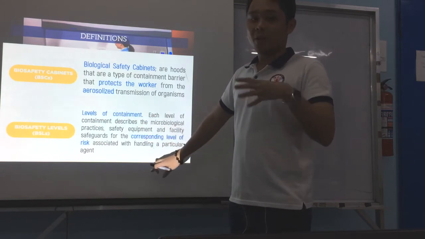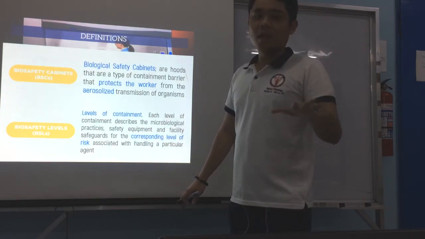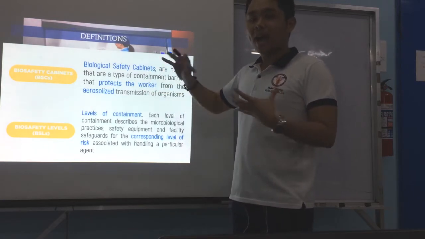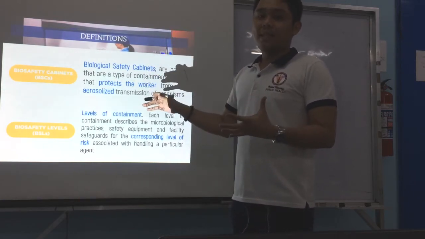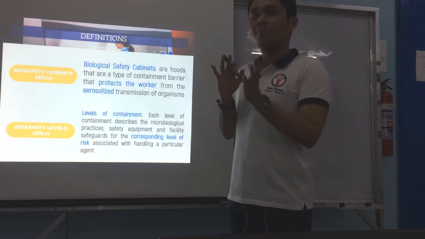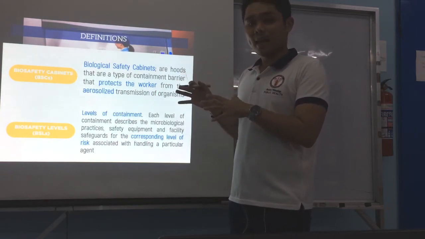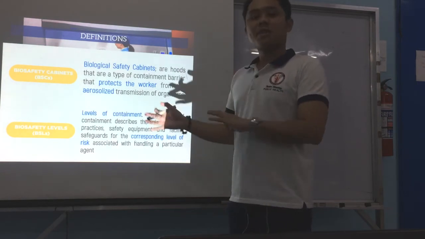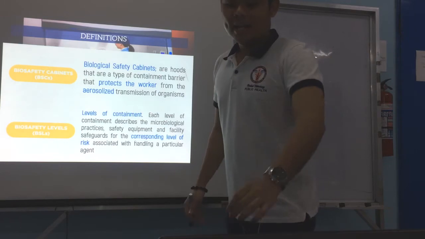Because for BSL 3 and 4, which are the highest BSLs, the cabinet we use is BSC 3, which is also the highest class of BSCs. So most of the time, the level of the BSL determines the BSC to be used. That's the difference between biosafety cabinets and biosafety levels.